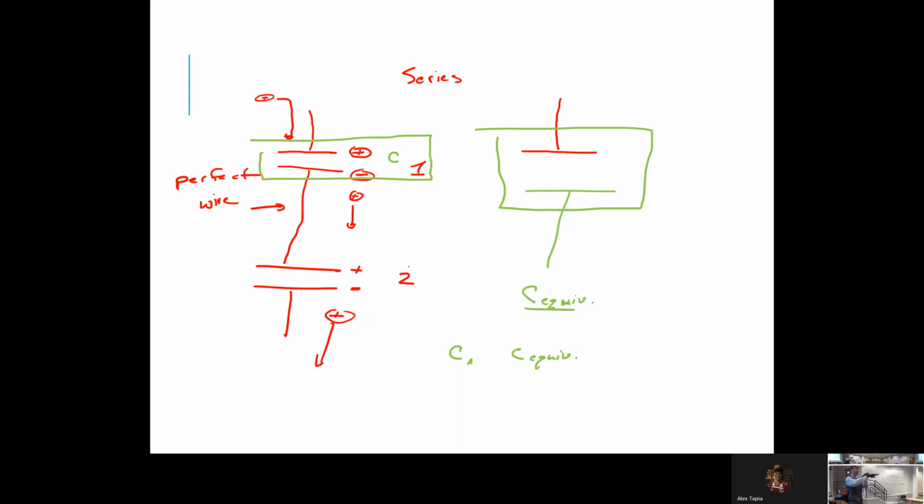If I put the bottom plate of the first on the top plate of the second, that's essentially putting the same charge at the same location. One's positive, one's negative, so you can conceptualize that as them canceling out. In other words, physically there are two plates there, but conceptually you can ignore them completely. Yeah, I agree. I like that idea.